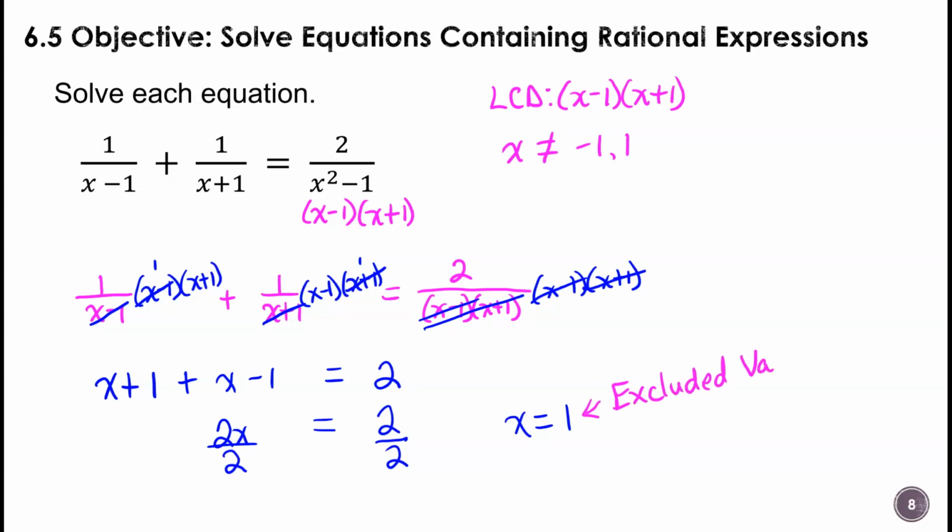I don't know if our book exactly uses this terminology, but I just like to use it because this value cannot be my solution. It's excluded from my domain, so it can't be a solution in this case. So my solution is no solution. And remember, on my lab it will say the empty set.